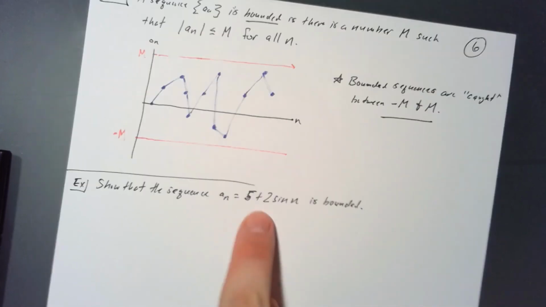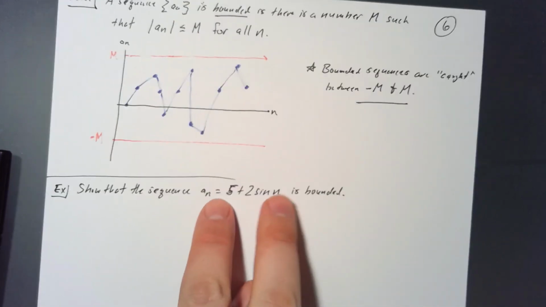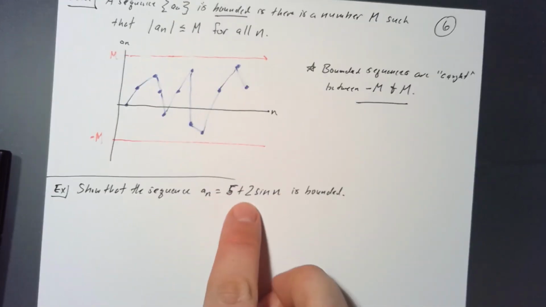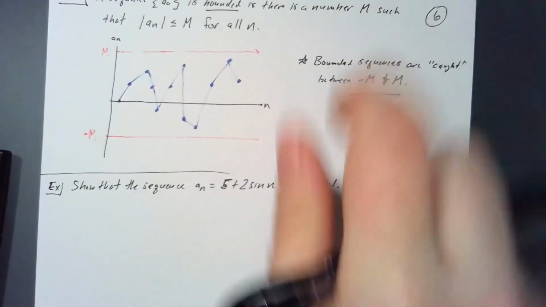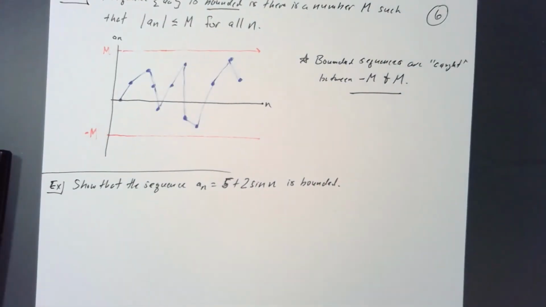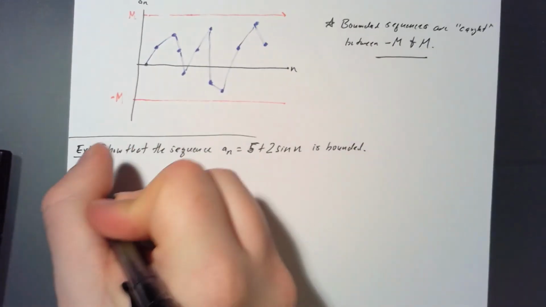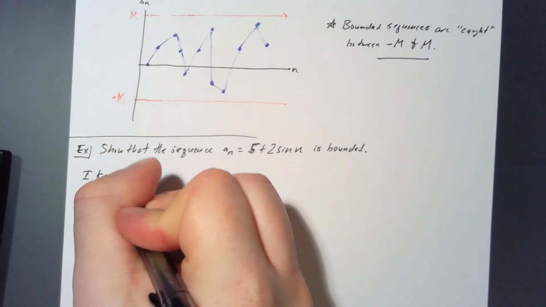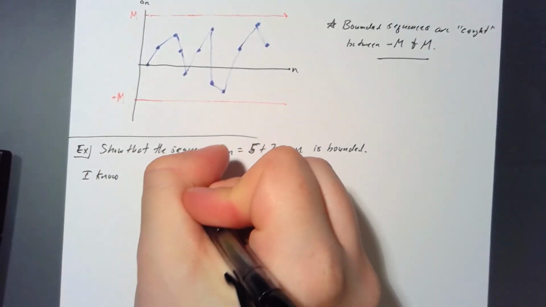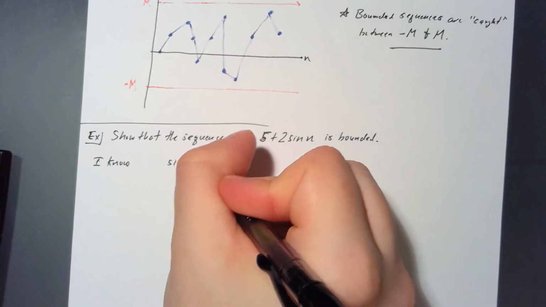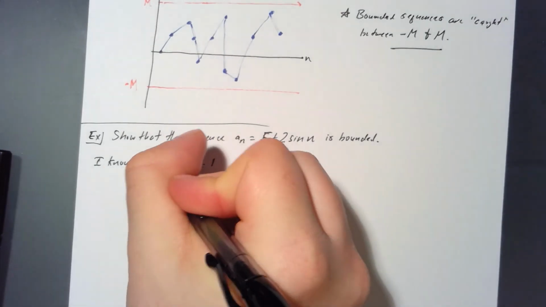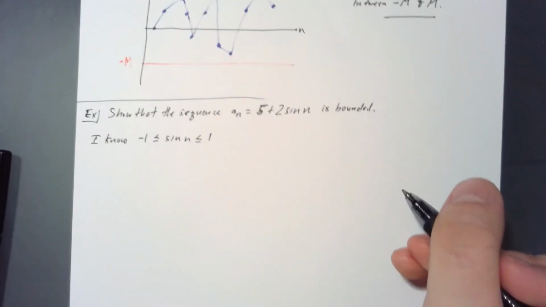Basically all I'm trying to show you is that this whole sequence is caught between some number. It's never going to go above it or below it. So it's caught between two values. What do we know about sine? We did this already. Sine is always between 1 and negative 1.